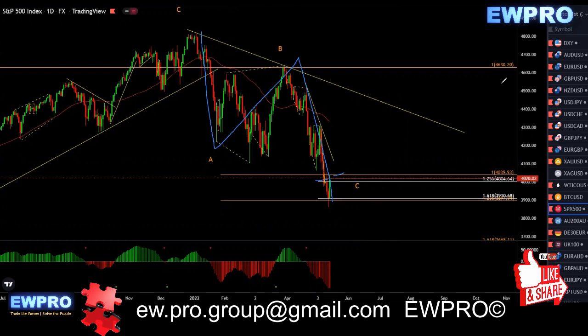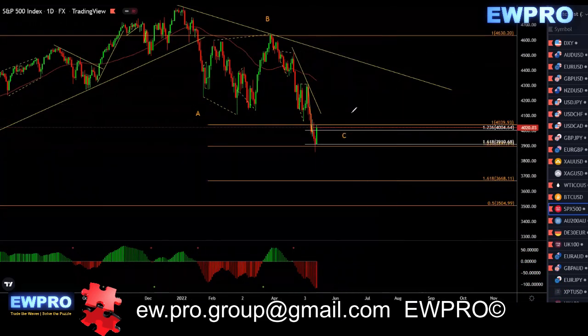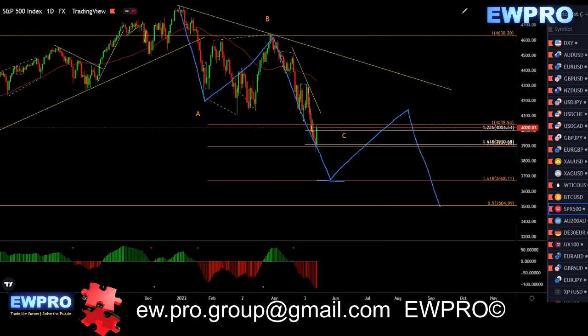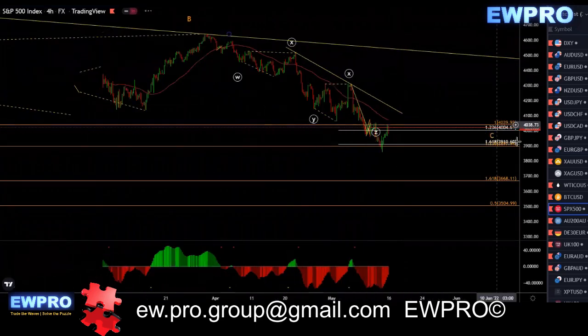So it's turned into more of a motive structure now and not a corrective. So we may be looking at price getting down to this 161.8 before we get a WXY, then we get the X2 and then the Z down. So there still may be more downside in it.